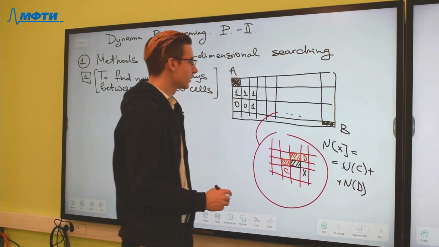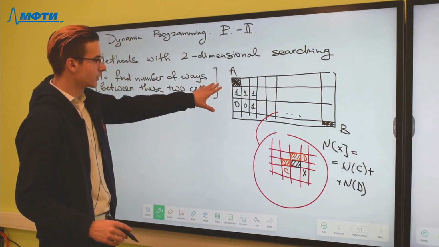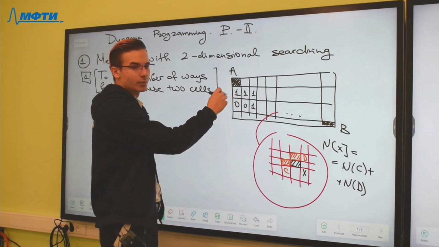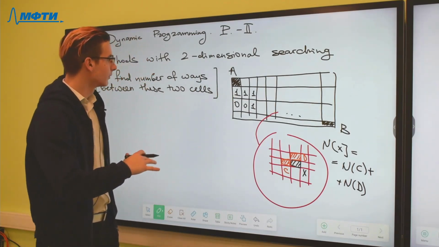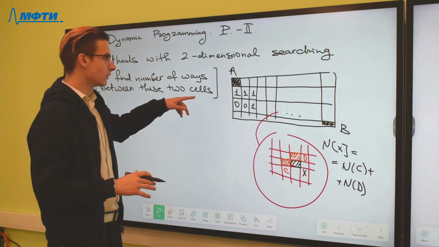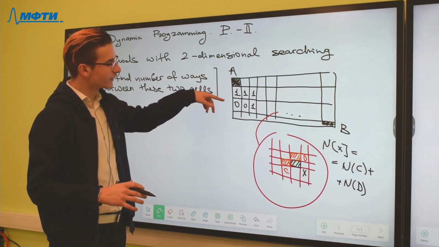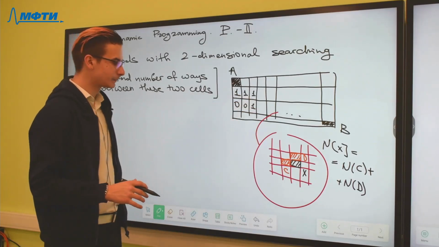Of course, here I mean that we do not draw these numbers, and we mean that all cells can be used in the path from A to B.